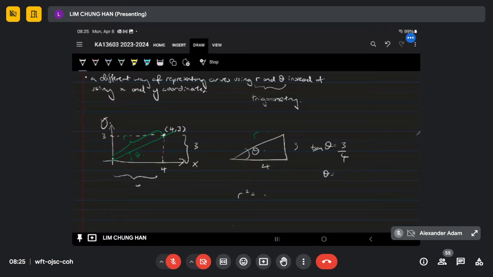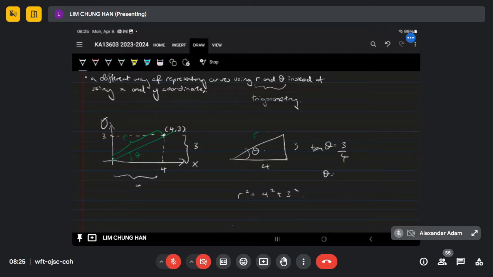R squared equals 4 squared plus 3 squared. Agree? So you get R and theta. Polar coordinates is using these two pieces of information to represent that exact same point.